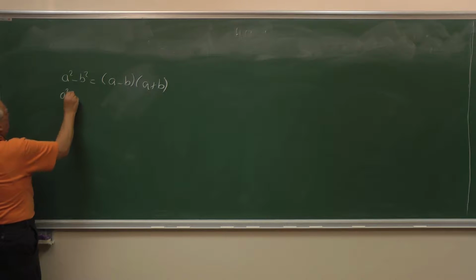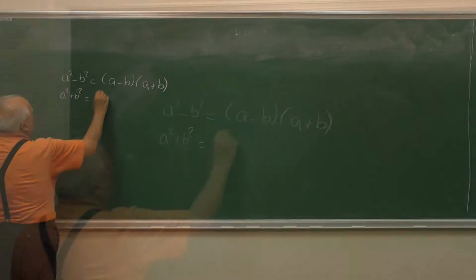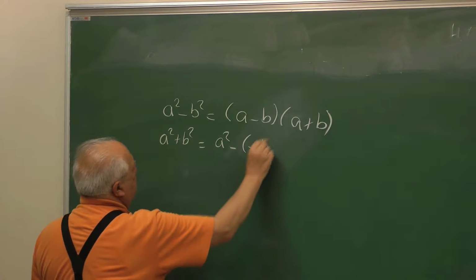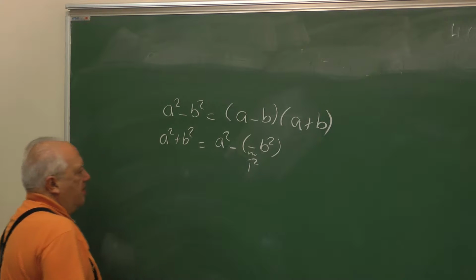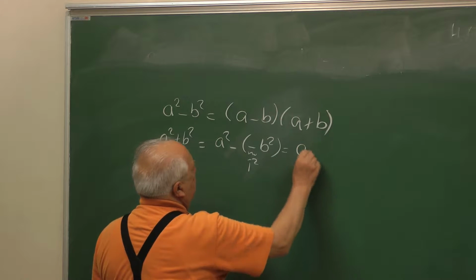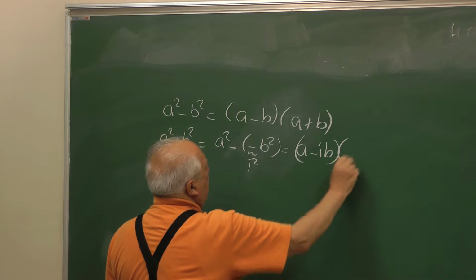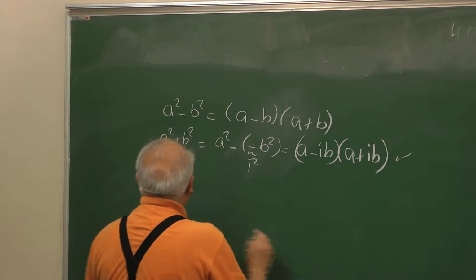What if it's A squared plus B squared? We can write this as A squared minus I squared B squared, I being the imaginary number. Therefore, this is (A minus IB)(A plus IB).